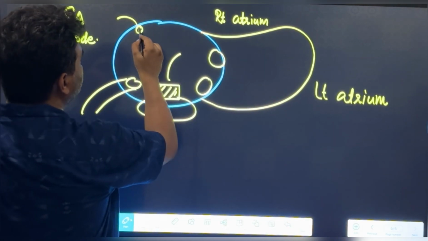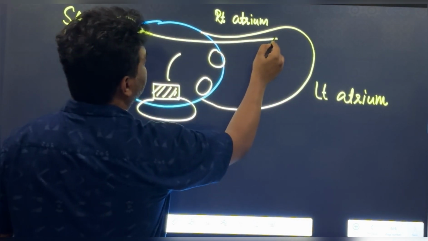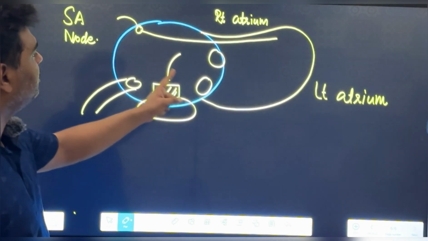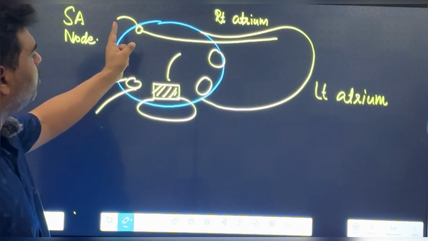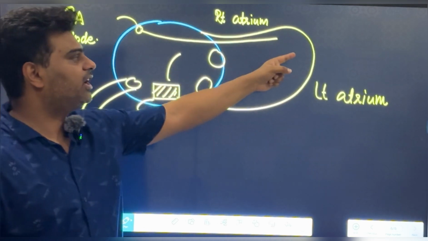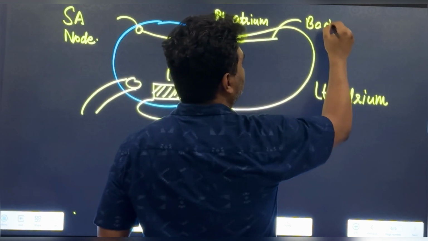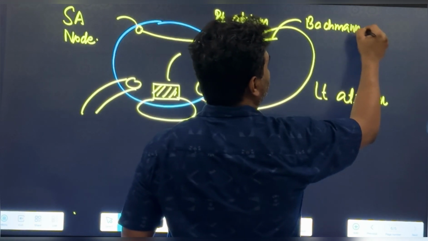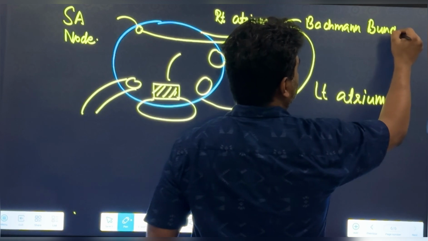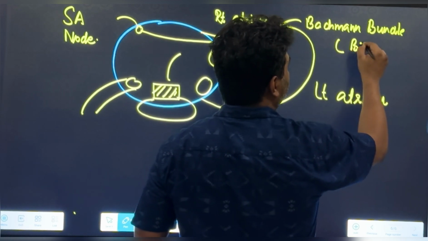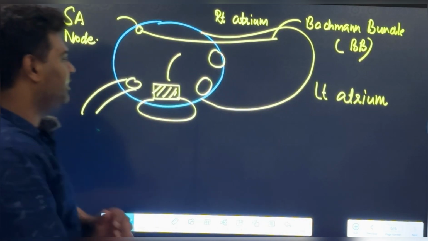And from the SA node to the left atrium, there is a bundle that goes, which is a parallel bundle, which transmits the impulse from SA node to the left atrium. And this bundle is known as Bachmann bundle, or in short, BB bundle.